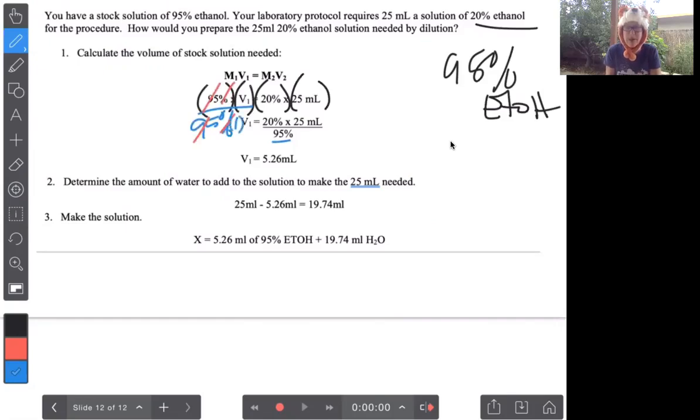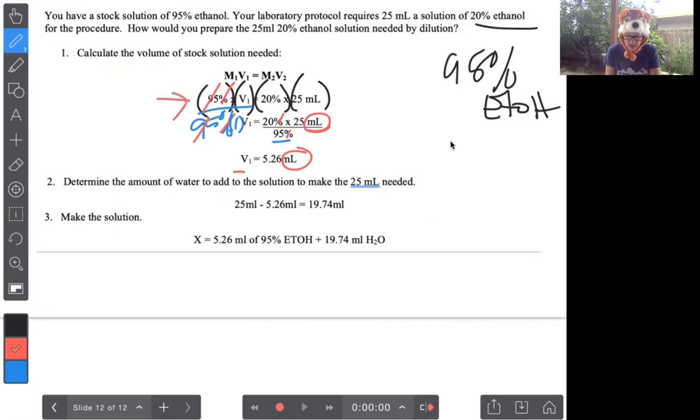We do this math. What happens? The percents cancel and we're left with mLs, right? Ooh, that's nice. And if you do the math, I'm assuming they did the math correctly, our V1 is 5.26 mLs of this 95% solution.